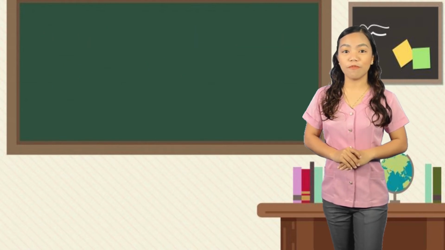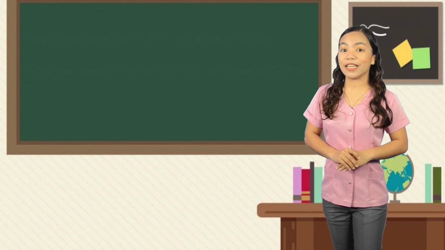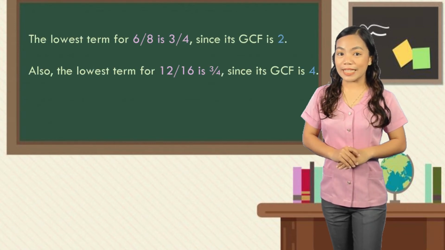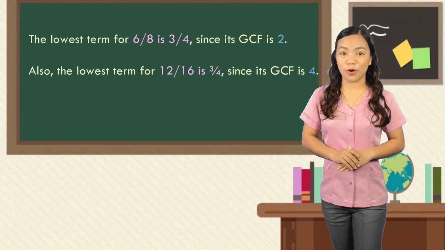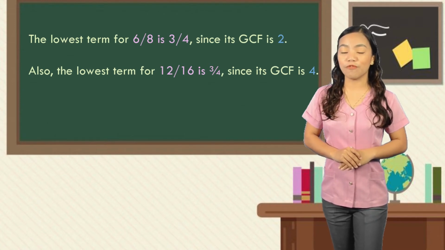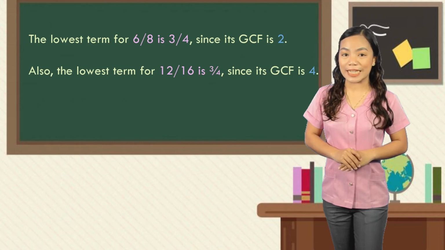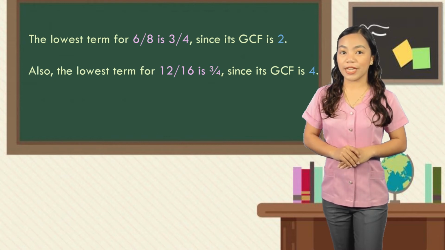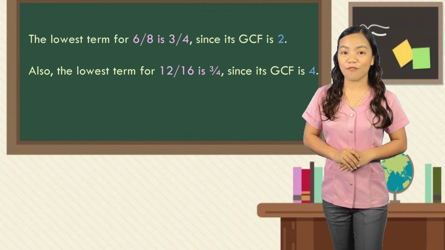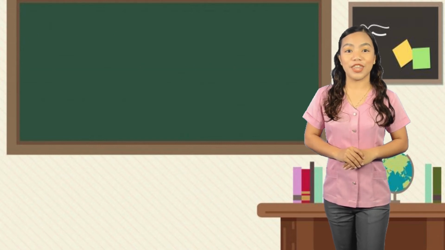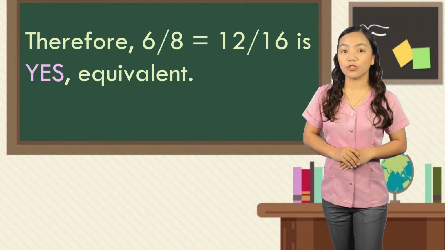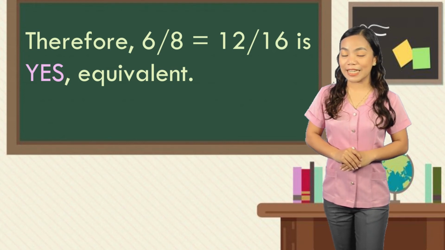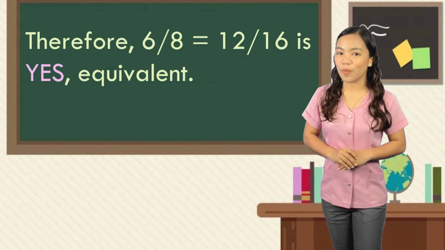The lowest term for 6/8 is 3/4 since its GCF is 2. Also, the lowest term for 12/16 is 3/4 since its GCF is 4. Therefore, 6/8 is equal to 12/16. Yes, equivalent.